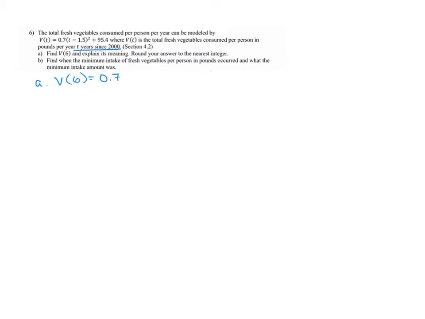We get 0.7 times (6 minus 1.5) squared plus 95.4. If we go ahead and simplify inside our square, we get 4.5 squared plus 95.4. 4.5 squared is 20.25.